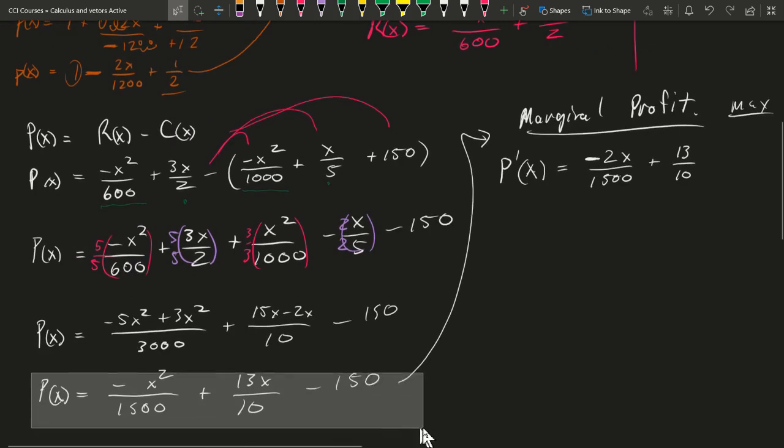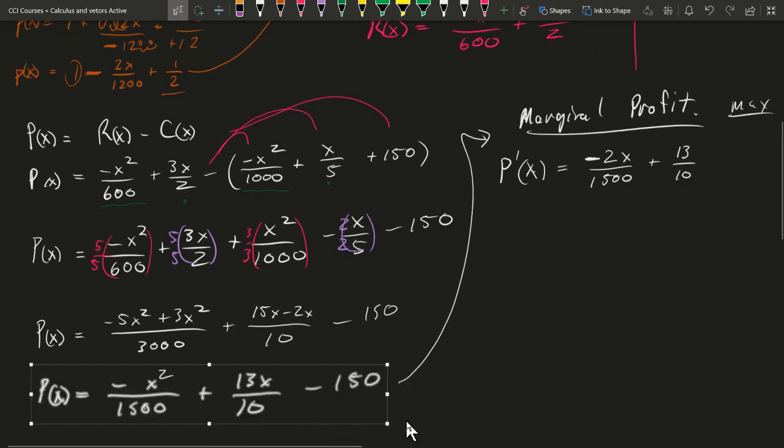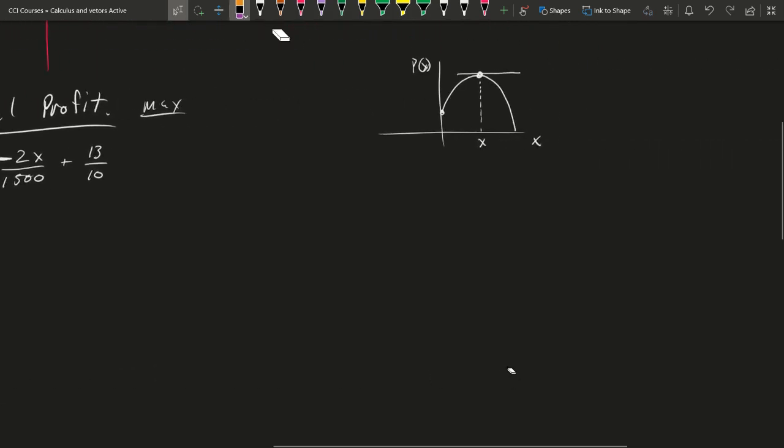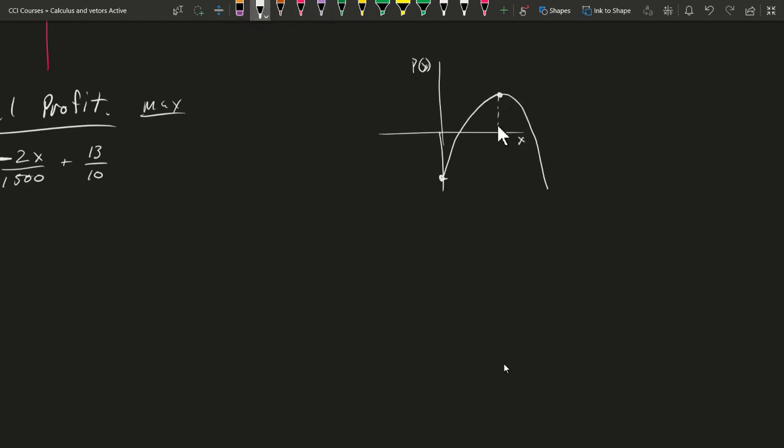So this function here is the one that I'm graphing. I want to graph that function over here. Sorry, let me go ahead and make a bit of a change. So it's negative 150. And at some point I'll increase my profit, and then I'll come down like this, and I will have the maximum amount of profit.